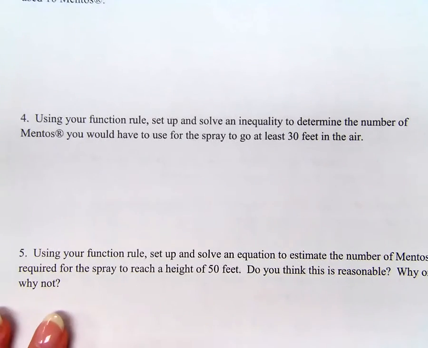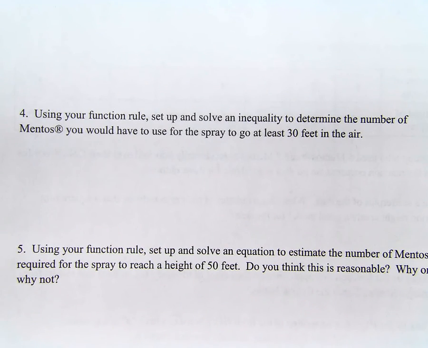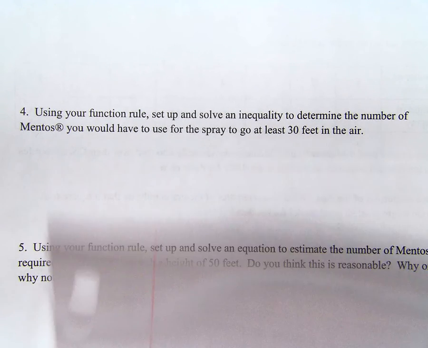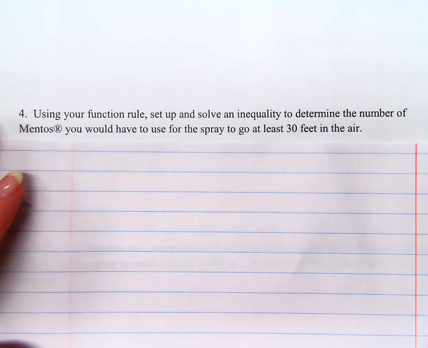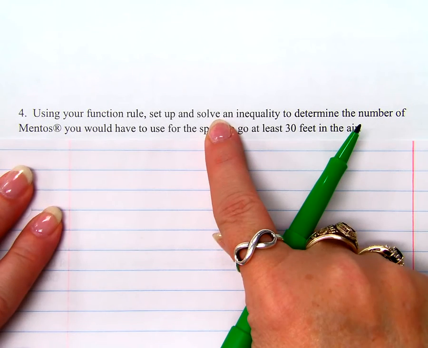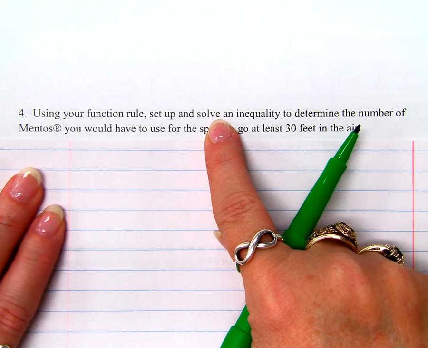All right, look at number 4. Using your function rules, set up and solve an inequality to determine the number of Mentos you would have to use for the spray to go at least 30 feet in the air. What's my inequality going to look like? Now, at this point, we're not guessing anymore, are we? This is something we actually have to set up and solve. So don't just shout out answers, please.